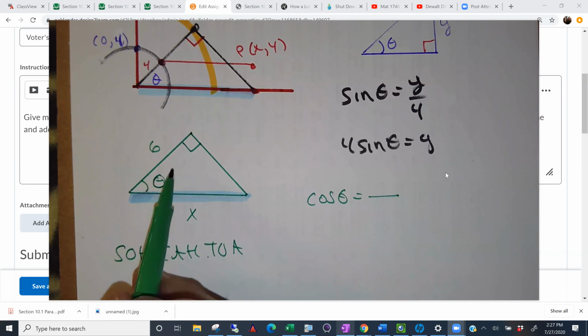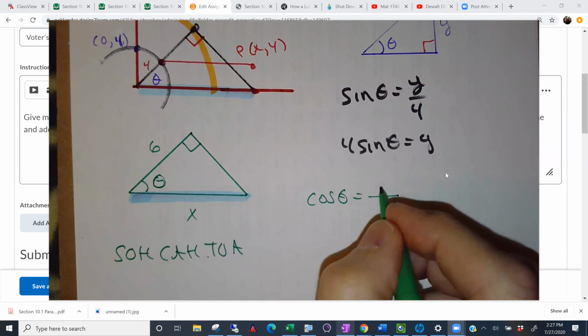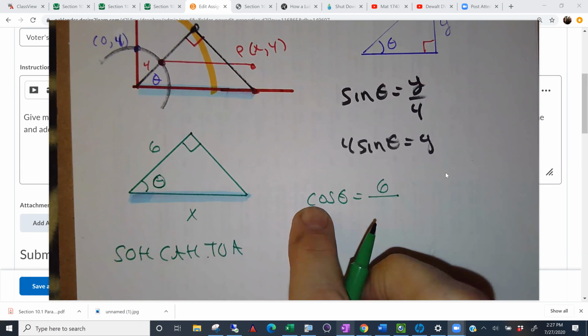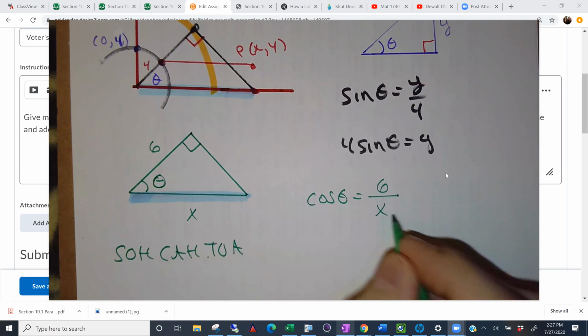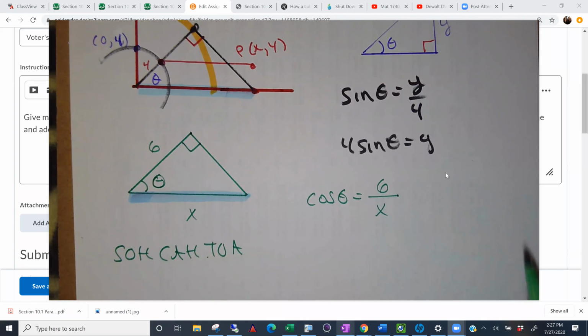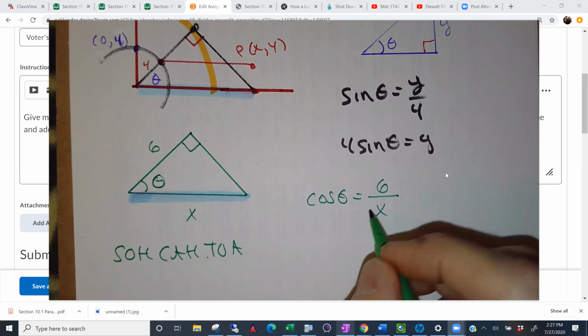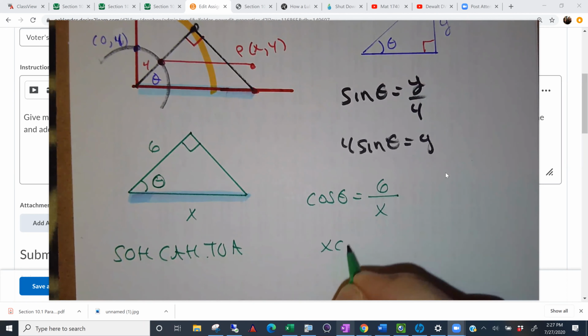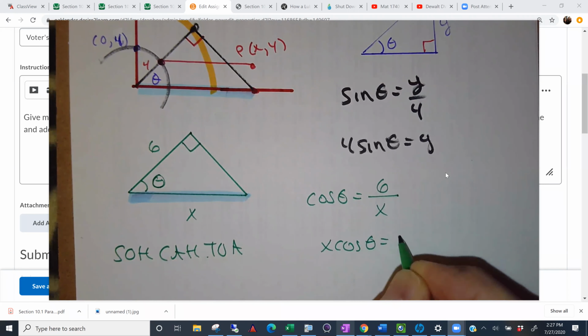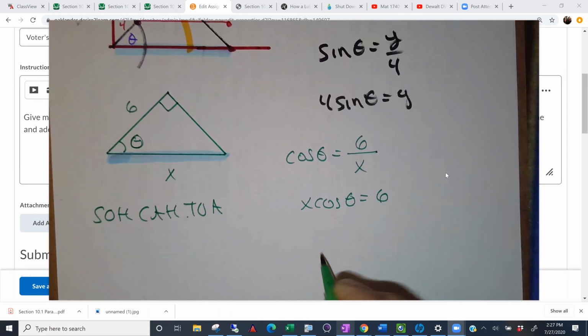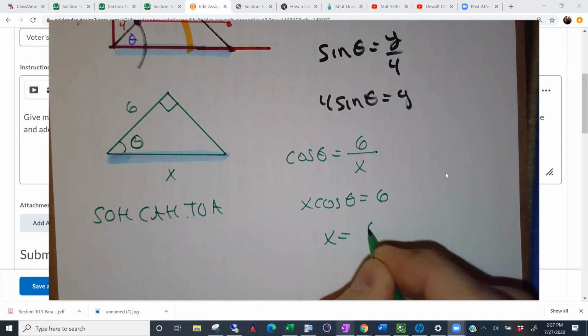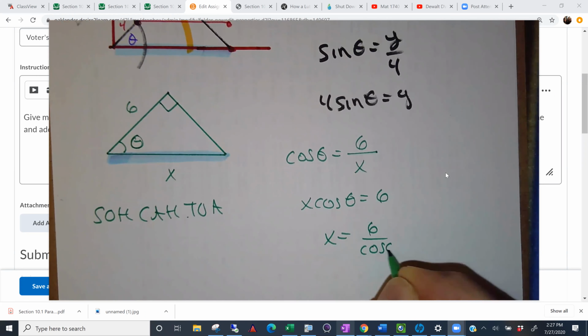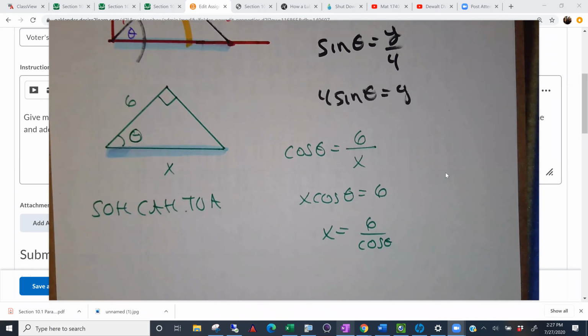So this has to be the adjacent side, and this has to be the hypotenuse, which is x. If you solve for x, you get x cosine of theta equals 6, or x equals 6 divided by cosine of theta. And that's what you're looking for.